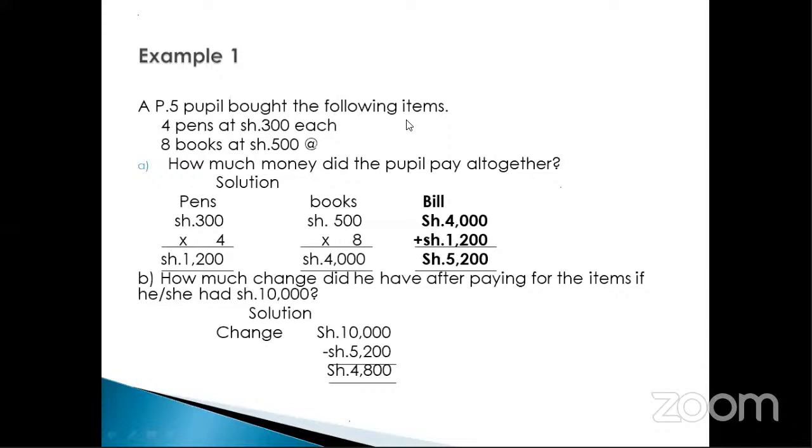So I was explaining to you, for you to get the money, you are going to remain with, after spending on books, 8 books and 4 pens, you subtract, just like when I was muted. Just as you saw, here we are saying 10,000 minus 5,200, and the second learner trying to subtract. So therefore we have 0.